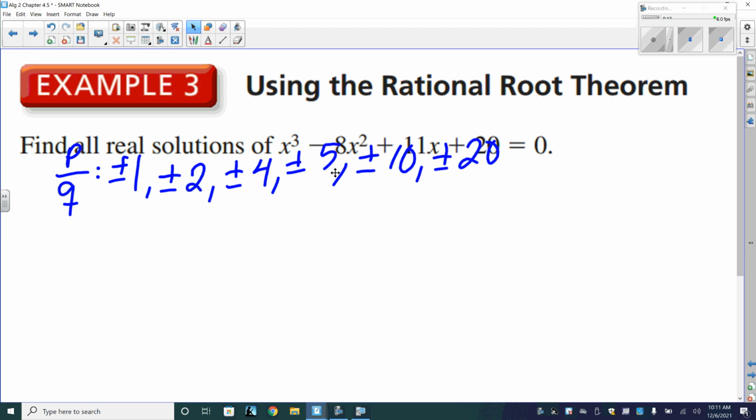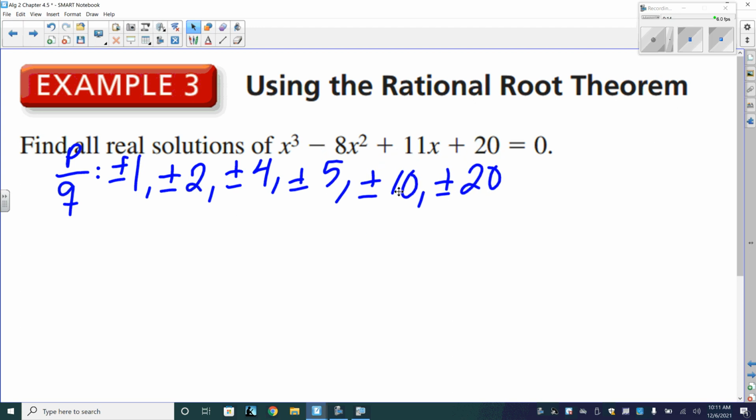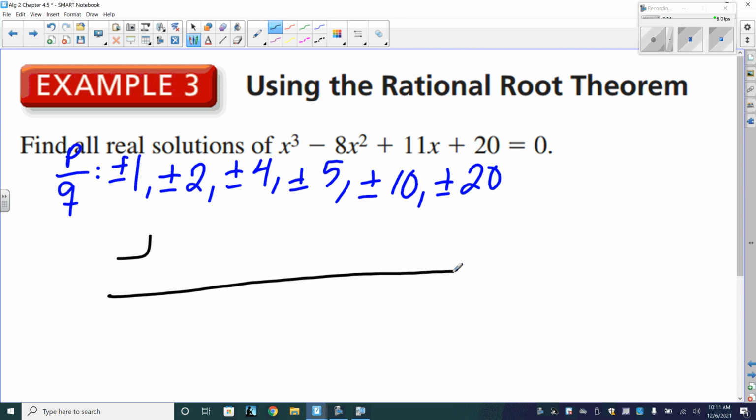There we go. Now, if we went by the pure mathematical way to do this, I'd set up synthetic division. 1 would be for x cubed, negative 8 for x squared, 11 for x, and then 20.